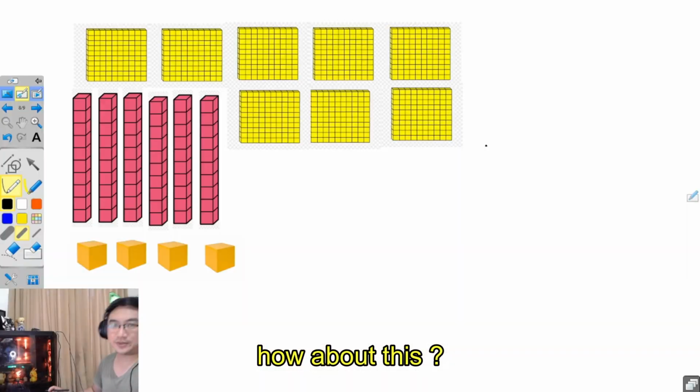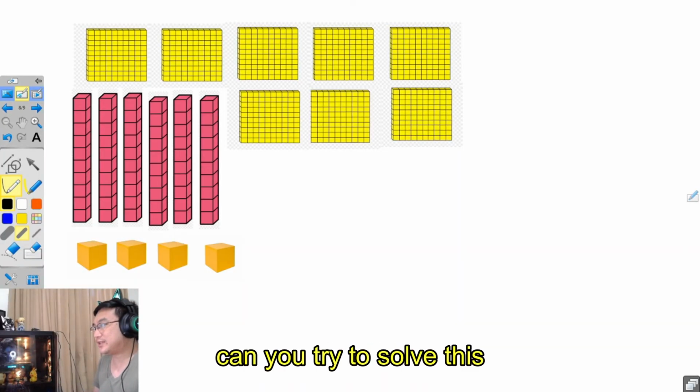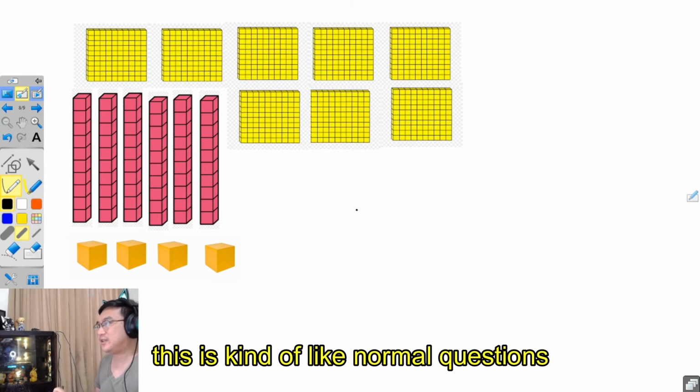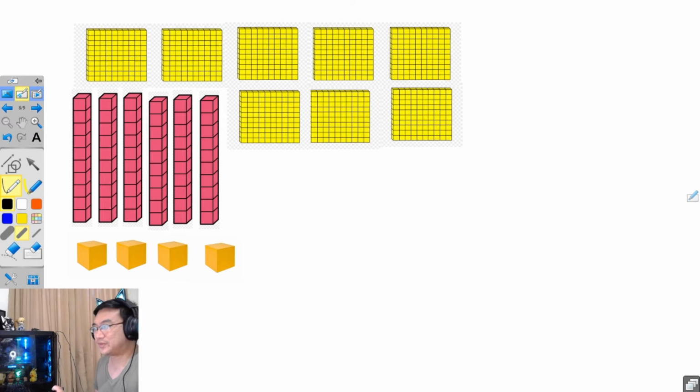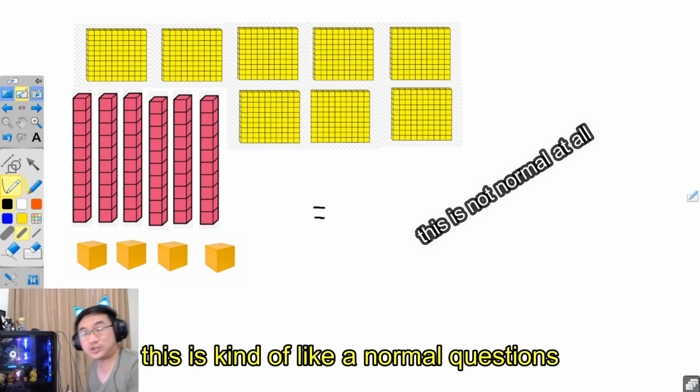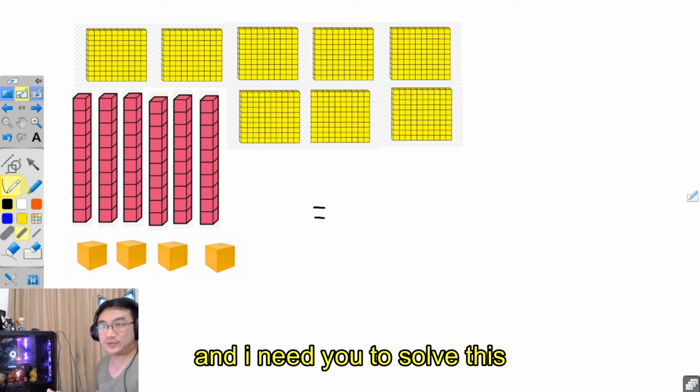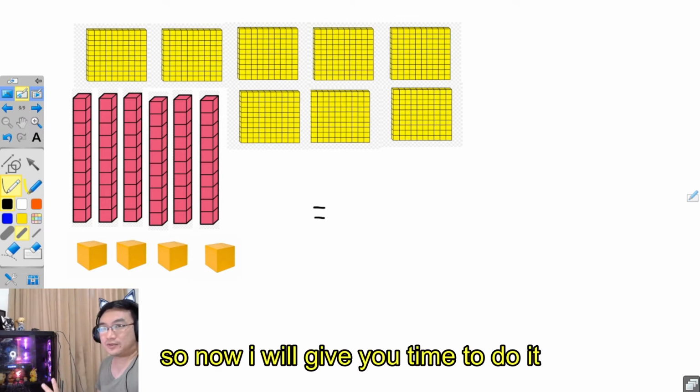How about this? Can you try to solve this? This is kind of like a normal question. Okay, the challenging one. I need you to solve this. So now I'll give you time to do it.